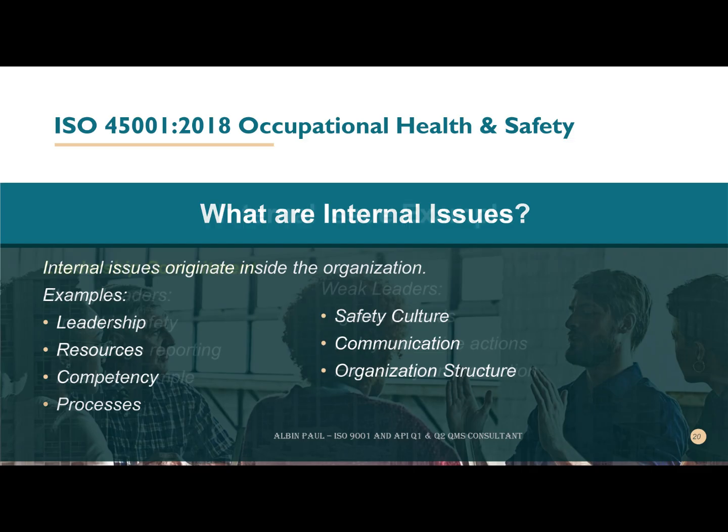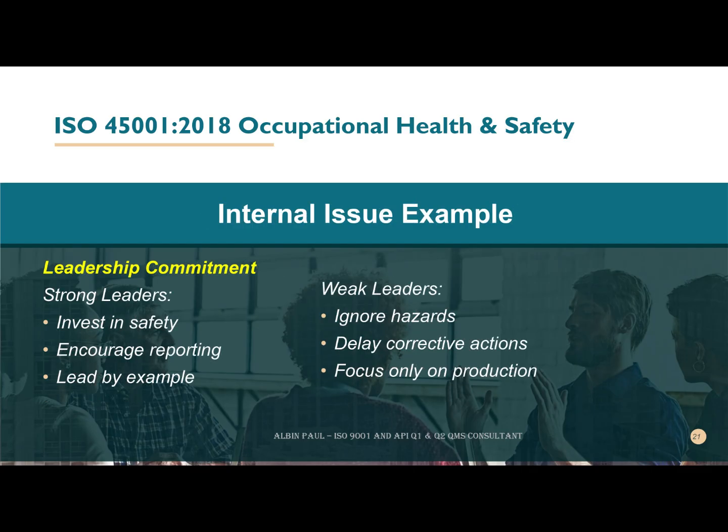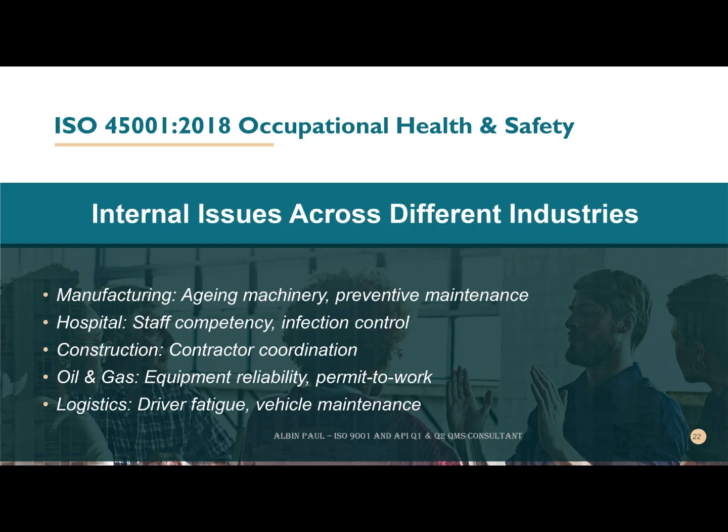This includes leadership commitment. If top management actively promotes safety, employees are more likely to follow safe practices. Organizational structure. Clear responsibilities prevent confusion during emergencies. Available resources. Without sufficient manpower, budget, equipment, or training, even a well-written procedure may fail. Competency of workers. Well-trained employees recognize hazards earlier and respond more effectively.